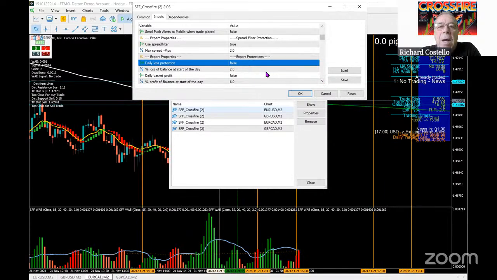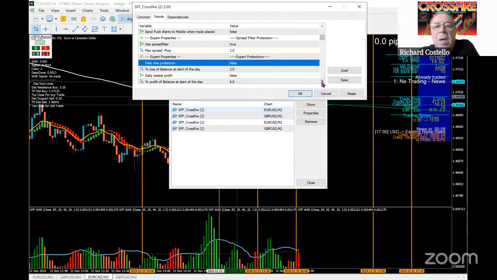But I highly recommend you use this. You put it on true, and you make a maximum loss of 2% across the 4 pairs. You can set your percentage profit; if you're working on a reward to risk of 1 to 2, that would automatically work out at 4%.